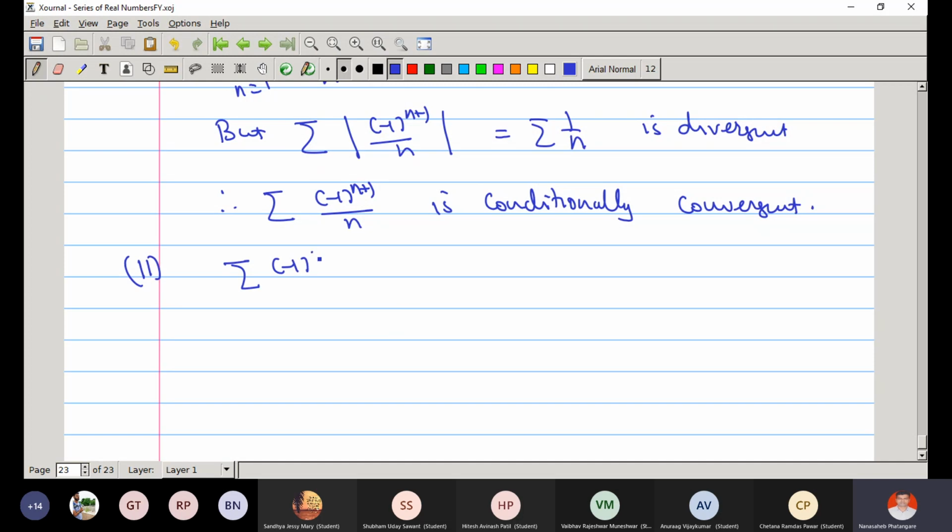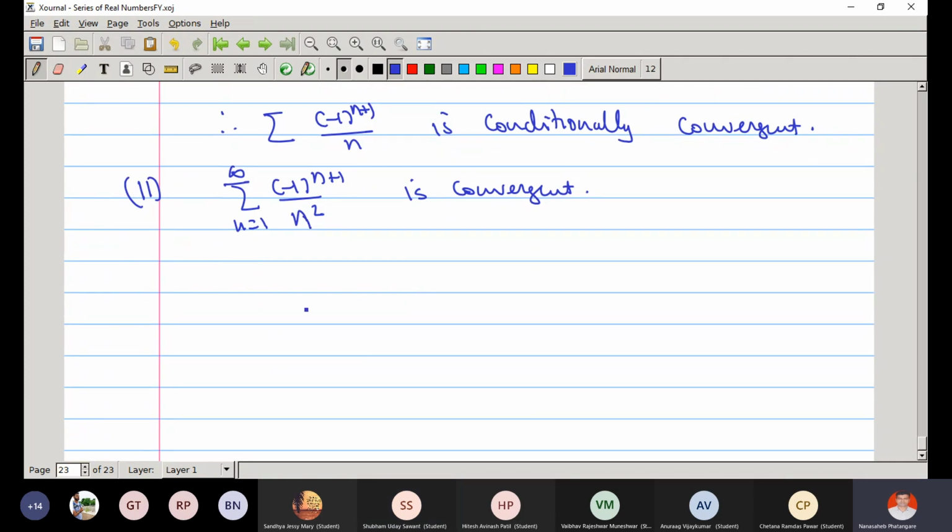Now, what about minus 1 raised to n plus 1 upon n square? Is it convergent? Yes, by the alternating series test, it is convergent, no doubt. Also, if you take absolute values, what is it?